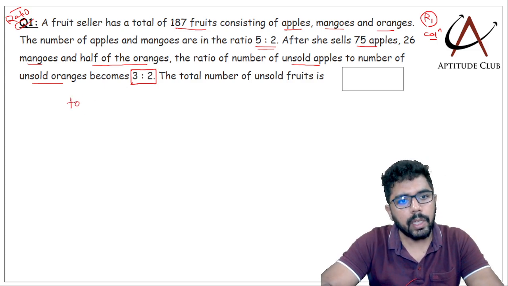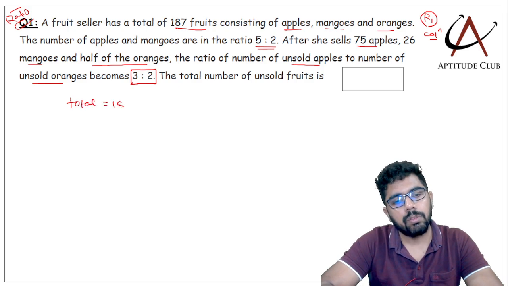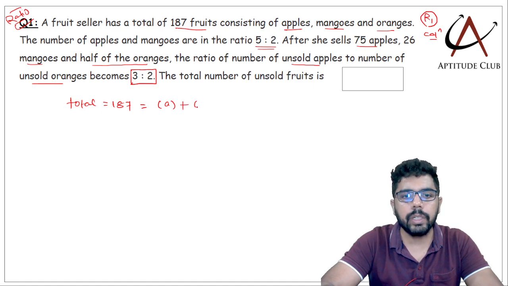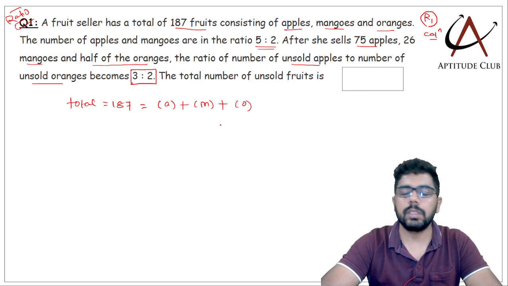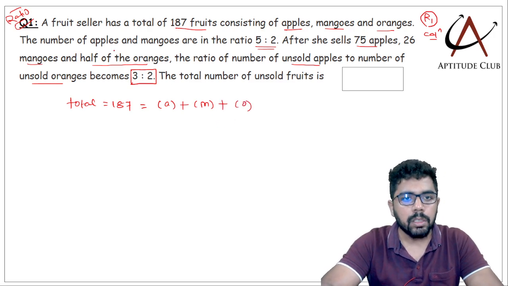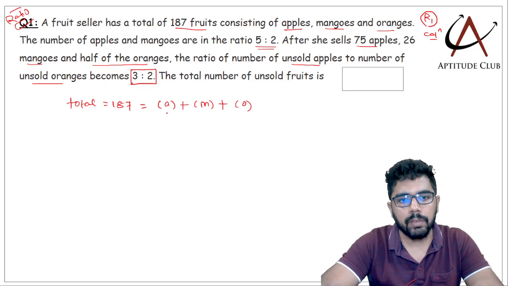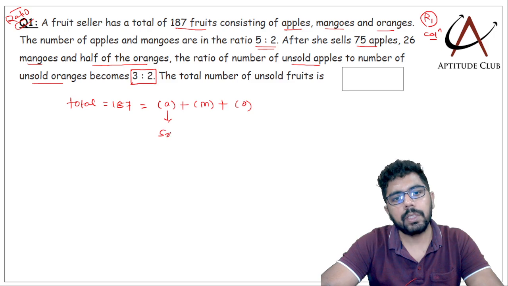Now total 187 fruits, and there are three types of fruits. I have apples, let's say they are denoted by A. I have mangoes denoted by M, and I have oranges denoted by O. The number of apples and mango are in the ratio 5 is to 2. So I'll take apples as 5x and mangoes as 2x.